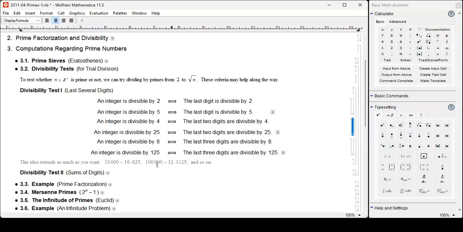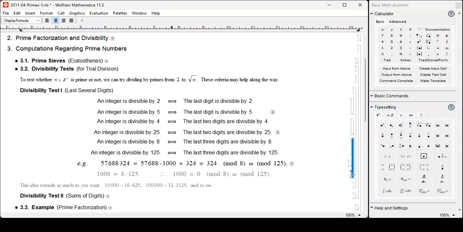How about this one? Well, you guessed it. 8 times 125 is 1000. So I can decompose the last 3 digits away, and then what's left is a multiple of 1000. And 1000 is divisible by 8 and also divisible by 125.